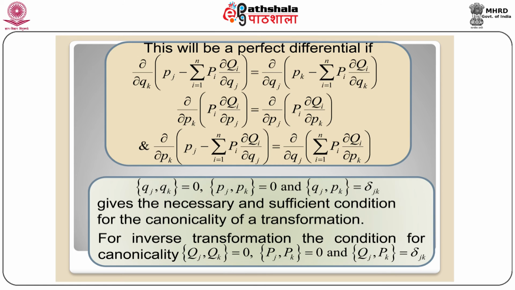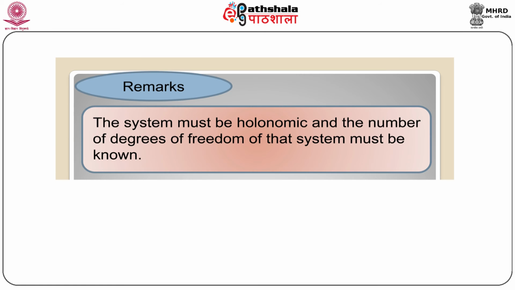If one uses the inverse transformation and proceeds in the same way as above, then the condition for canonicality can be obtained after replacing small q by capital Q and small p by capital P. Remarks: knowledge of the Hamiltonian is not needed to judge the canonicality of a given transformation.